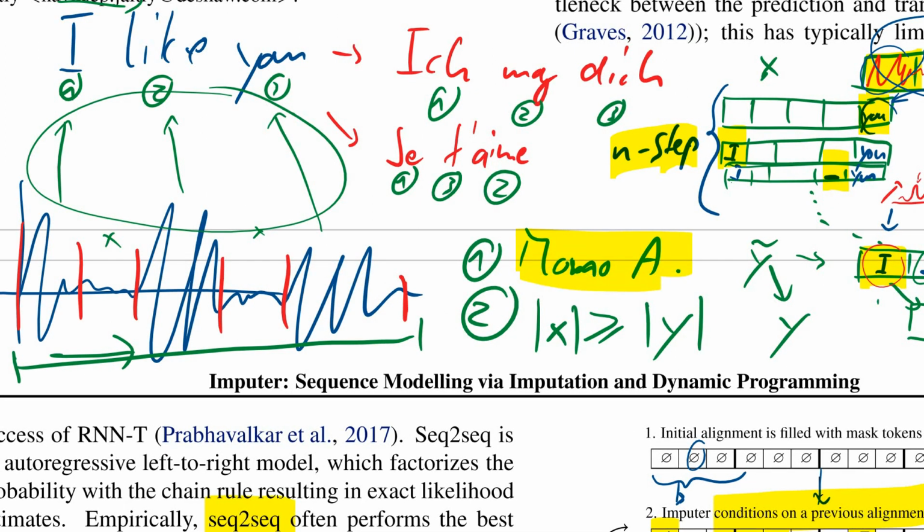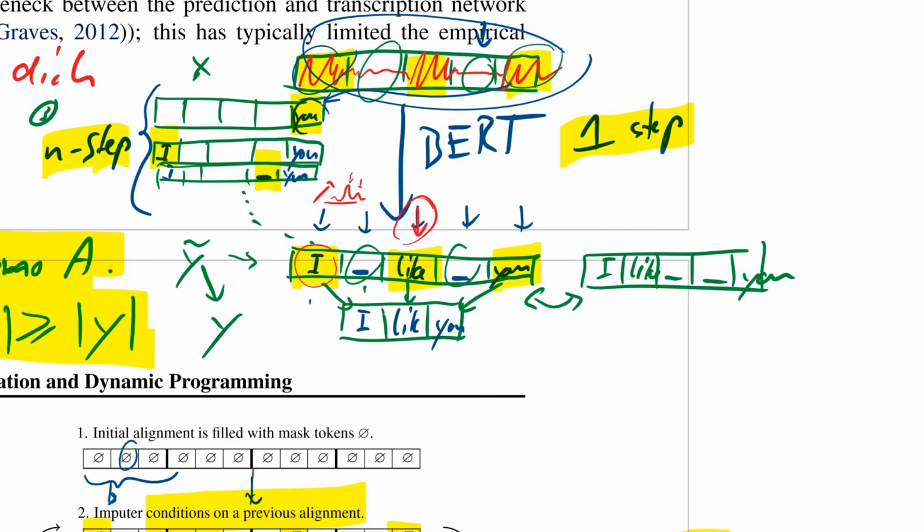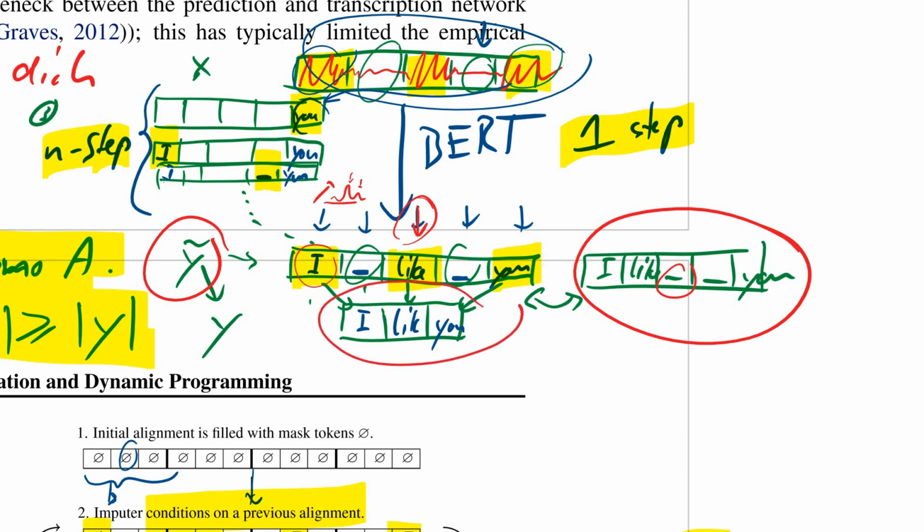Because if there is a monotonic alignment and if this thing is given here, then you can do this representation right here with the silence tokens, and that allows you to basically represent the output in a form that is of the same length as the input and do this kind of token by token decoding while still allowing you to have variable length outputs as long as they're smaller in length than the input. So that's pretty cool.